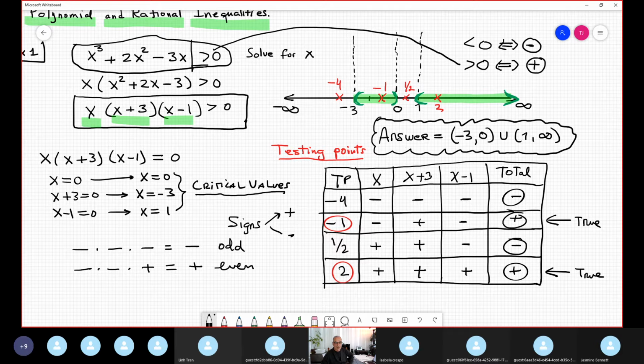Plugging in factor by factor in the table. I create this table. You determine the signs. Depending on the problem, see the problem is greater than, you take the positive like a true. And the negative is obvious as false. And that's it, end the story.